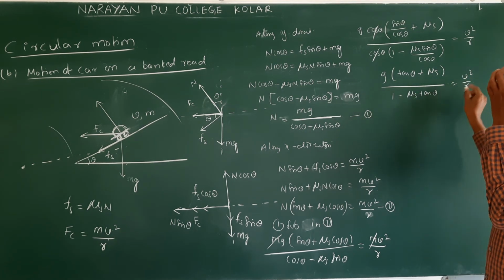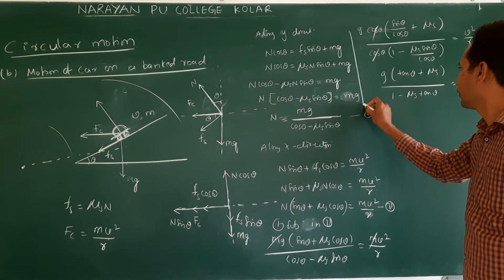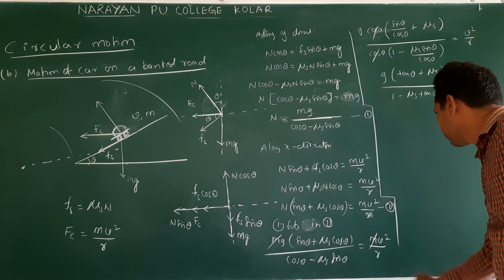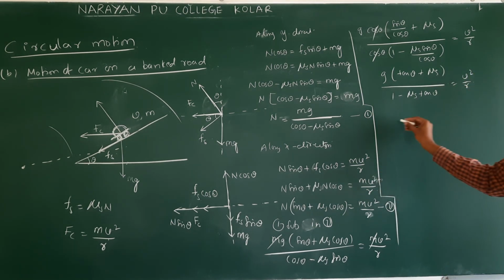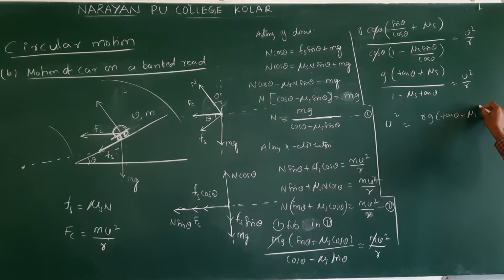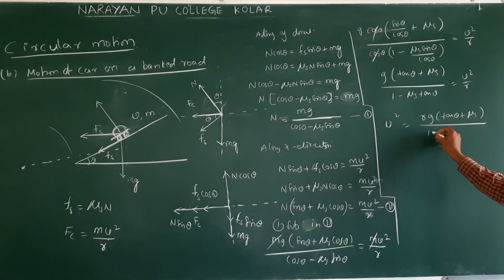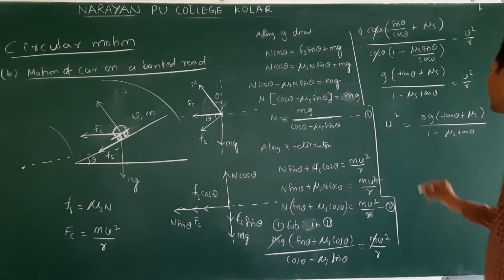I am making V the subject. So V square, if I make V square the subject, this will become R g into tan theta plus mu s by 1 minus mu s tan theta.